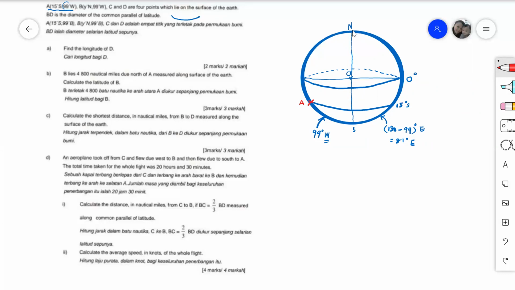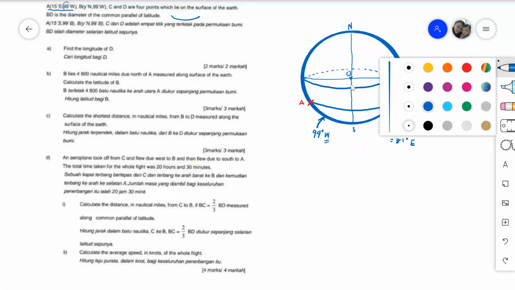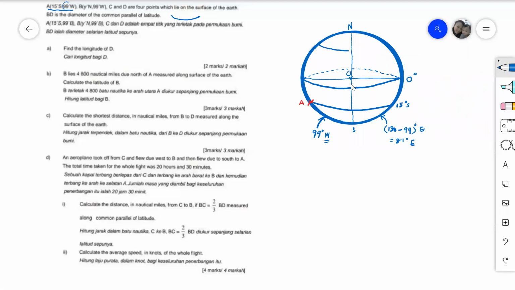That means it's on the same longitude, but it's above this equator. So let's draw it over here. Okay, so our B, normally I will make it 3D like this. I'll make it 3D effect.